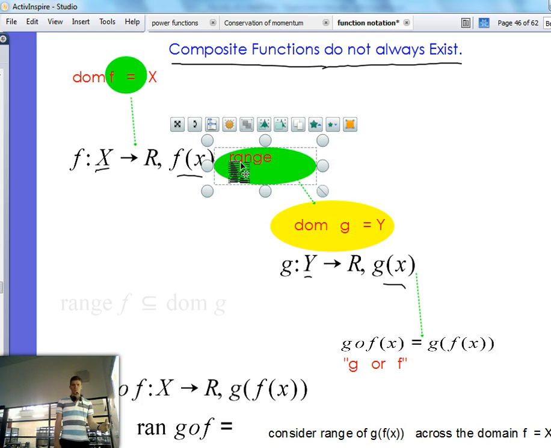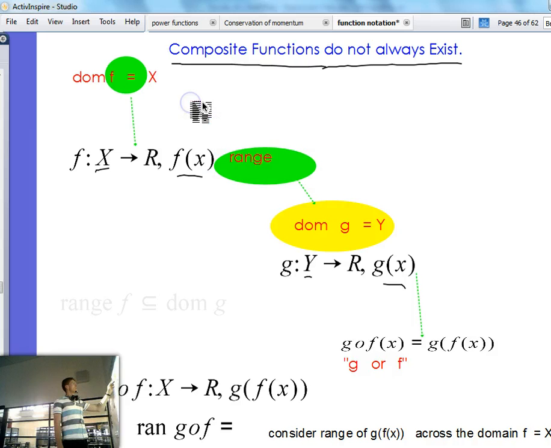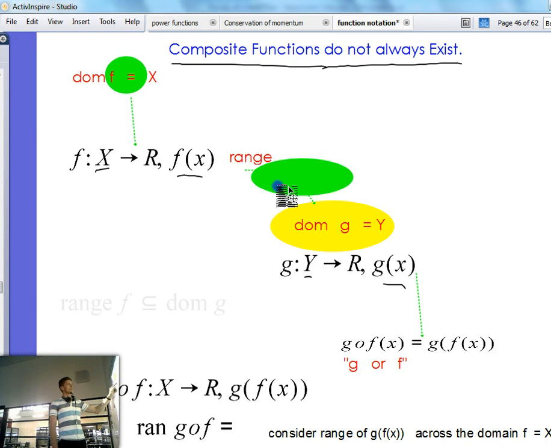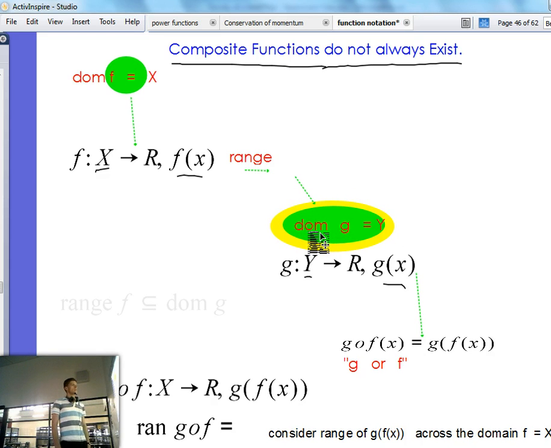So when we are trying to construct a composite function and we're substituting f of x into g of x, then the range that we've obtained from f of x needs to fit into the allowed space for our function g of x. You need to imagine g of x having a domain which we are calling y as the box, and we can only put stuff in the box if it's going to fit.